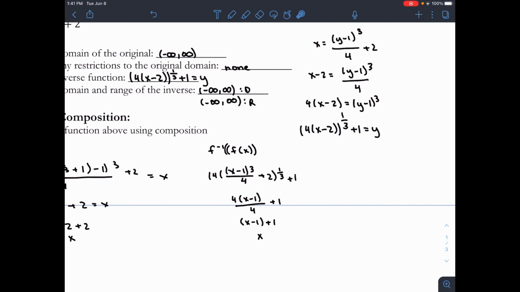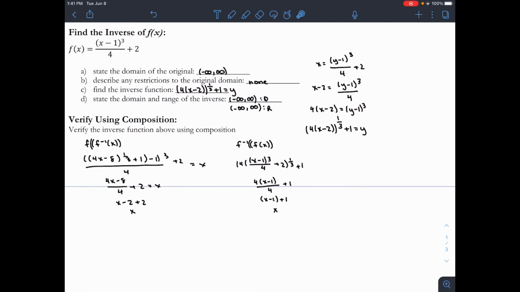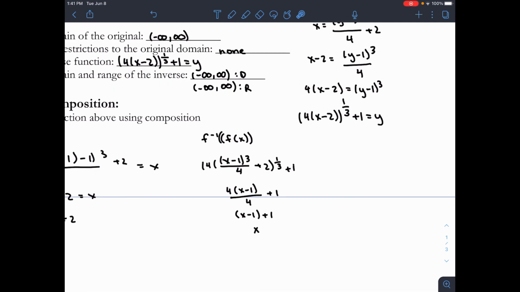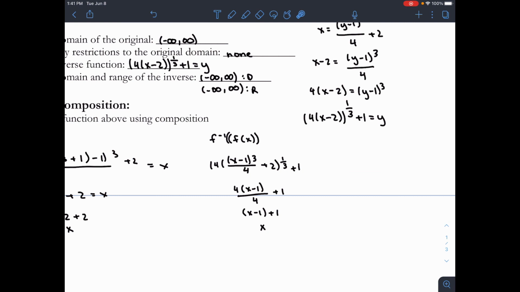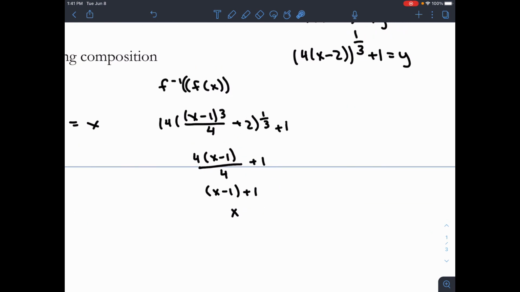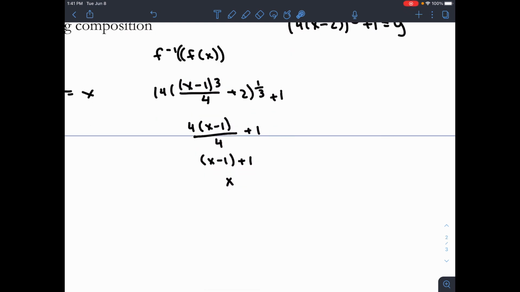Instead of x though, we put the f of x, which is this, x minus 1 to the power of 3 over 4 plus 2, and then back to the inverse, so we have the power of 1/3 plus 1, and then this also cancels out, the 1/3 and power of 3 and the 4 and 4, so what we have remaining is 4x minus 1 over 4 plus 1, which simplifies into x minus 1 plus 1, which is again equal to x.